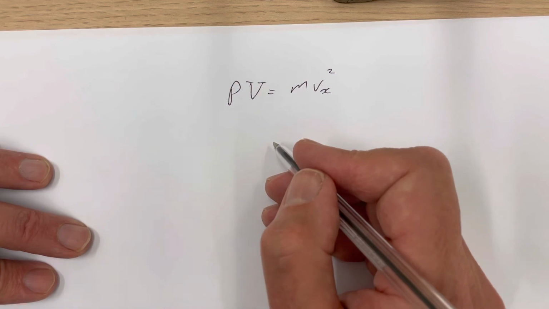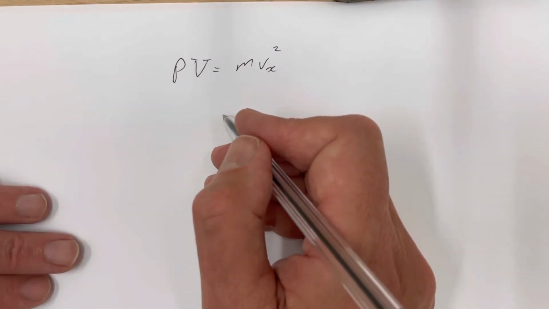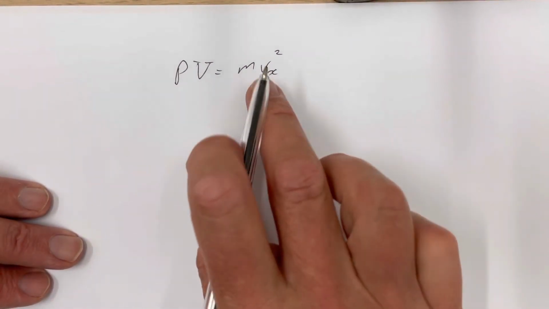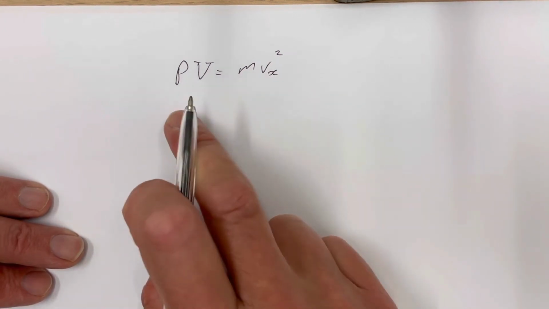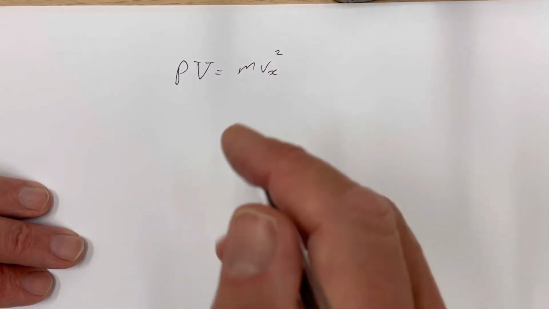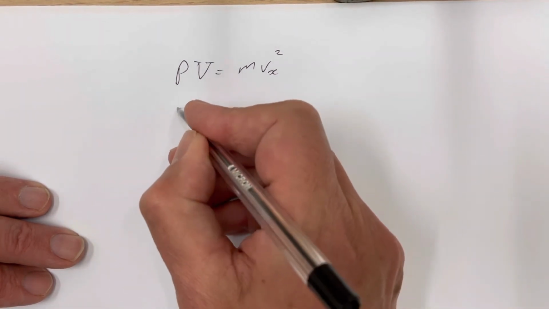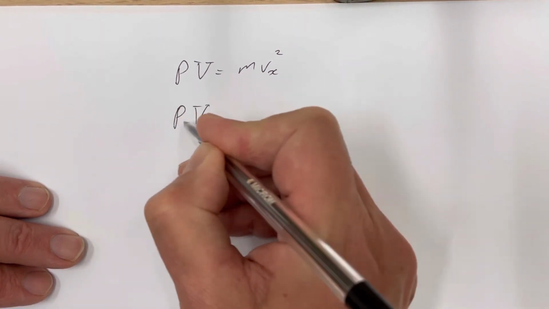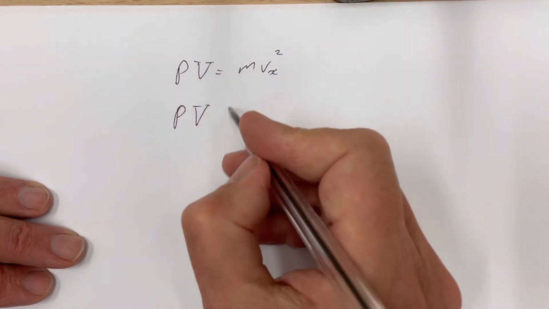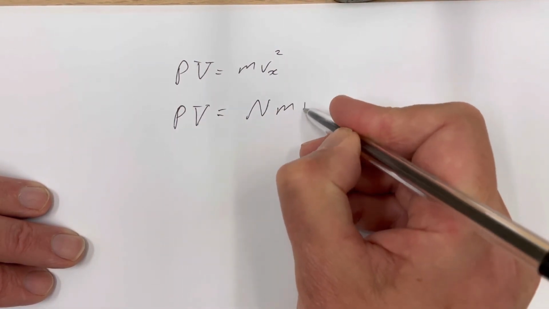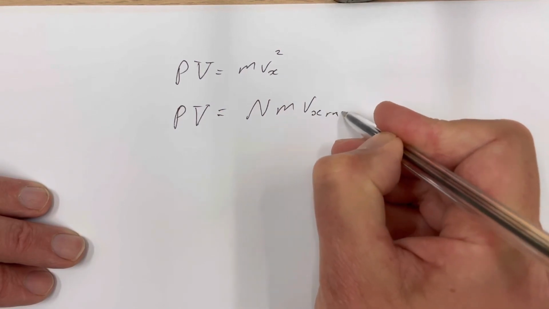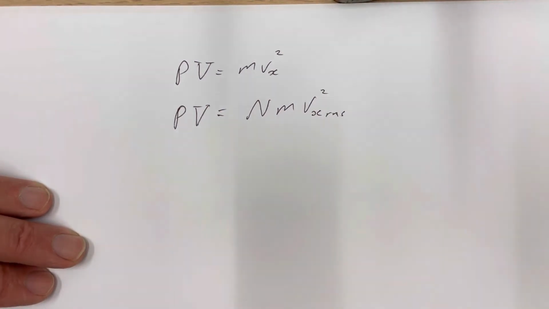Now, if we want to generalise this out to N particles, we're going to need an RMS value of this, the mean value of this, not just the value of one. So the pressure due to N particles, I haven't changed what I'm writing here because this is the pressure for one, this is the pressure for many, is N m v_x RMS squared.